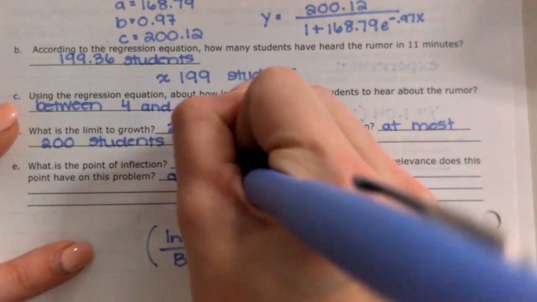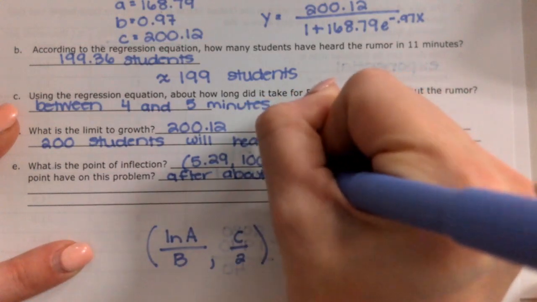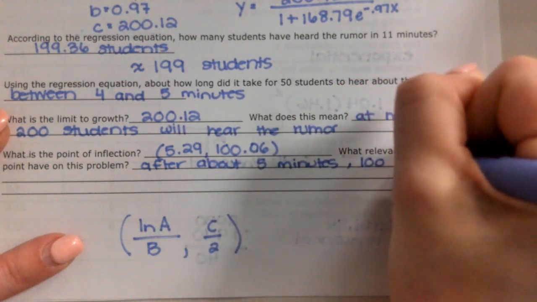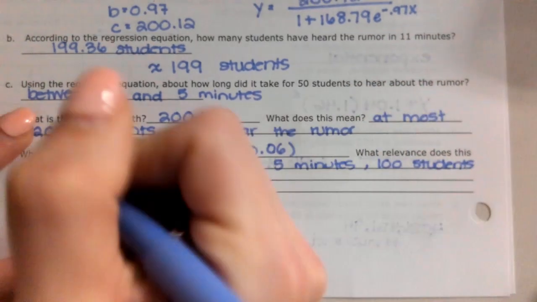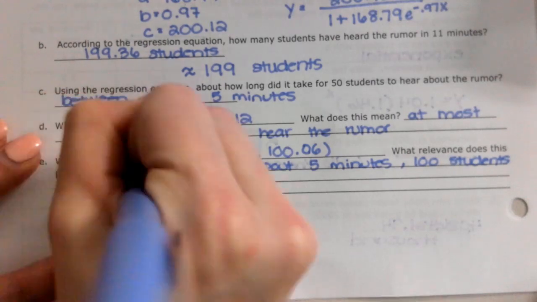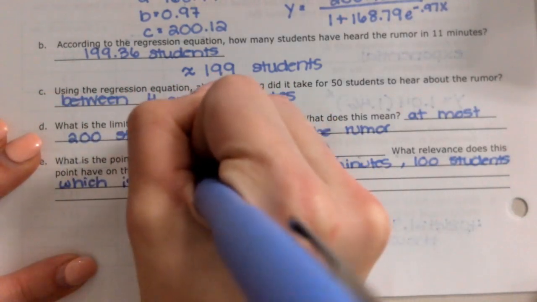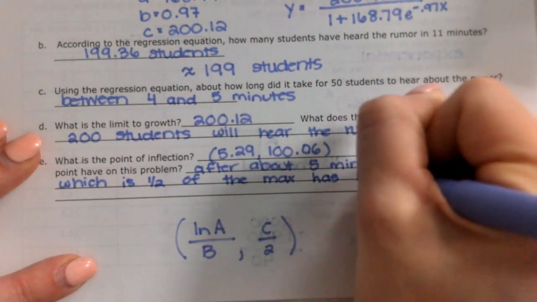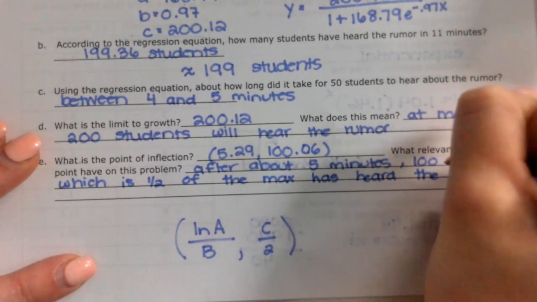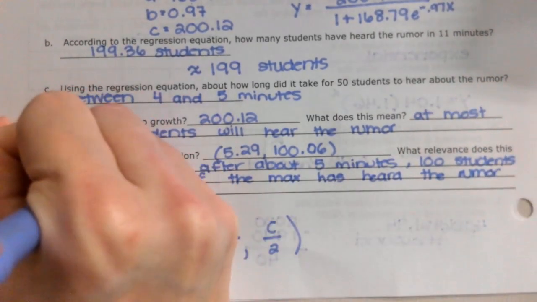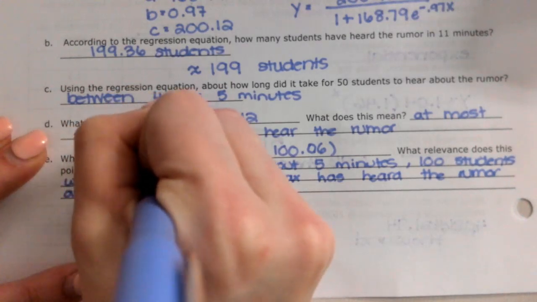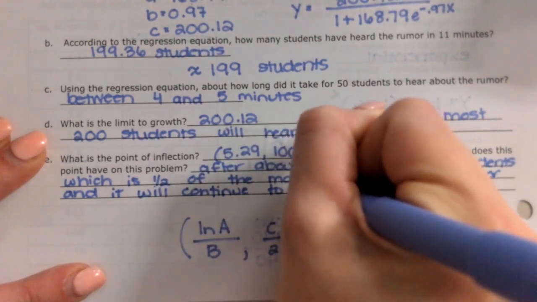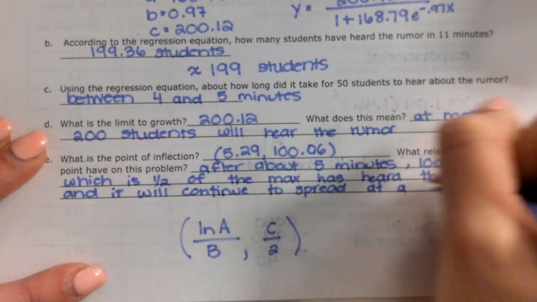After about 5 minutes, 100 students, which is half of the max, has heard the rumor, and it will continue to spread at a slower rate.